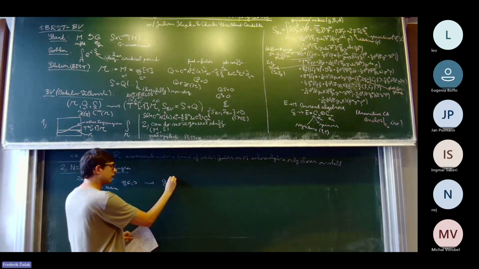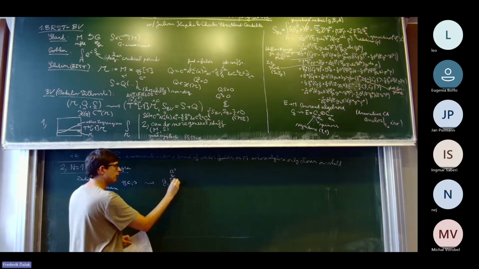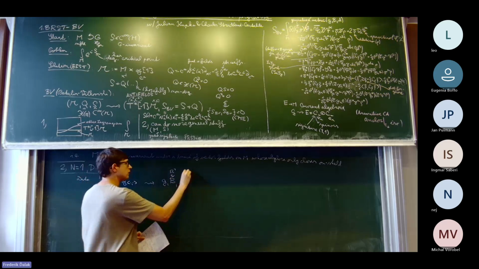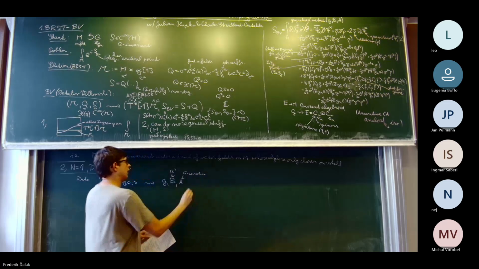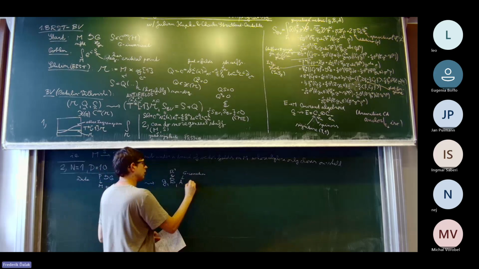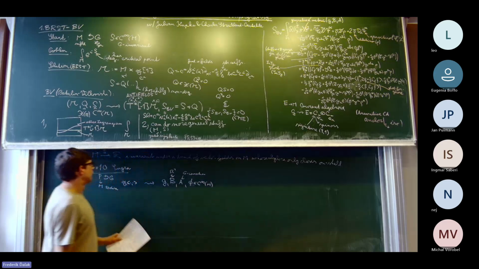Okay, so the field content is given by this: there is the Lorentz metric, there is a two-form B, and there is a connection, the G connection. And there is a function, usually phi, the dilaton.